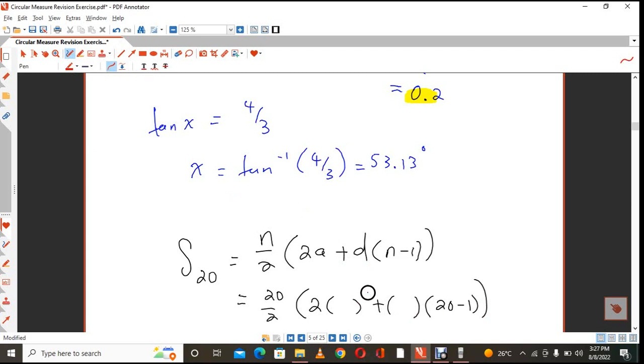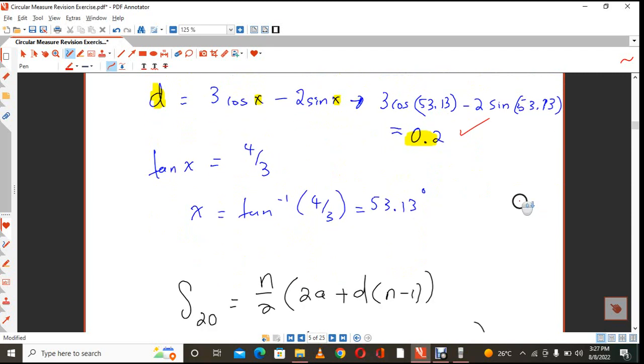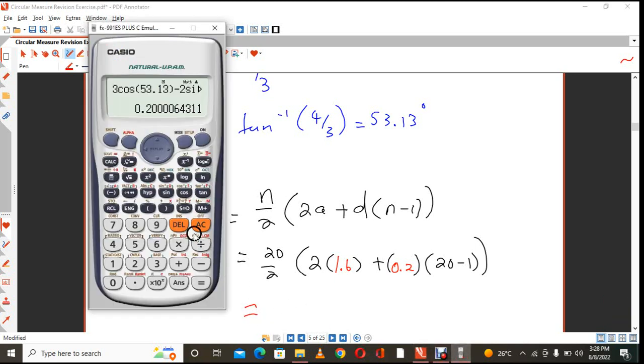What is our a? Our a was 1.6, I hope you still remember from our previous work. Our a is 1.6 and our d is 0.2. We're just going to insert those values and then multiply out. So again, grab the calculator.